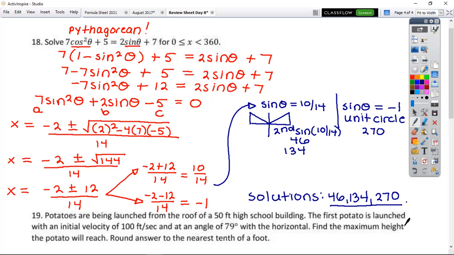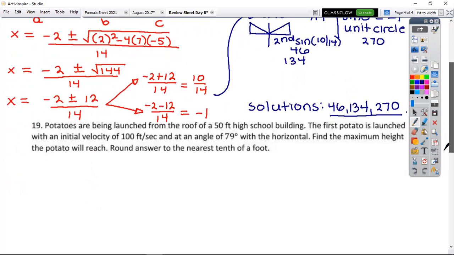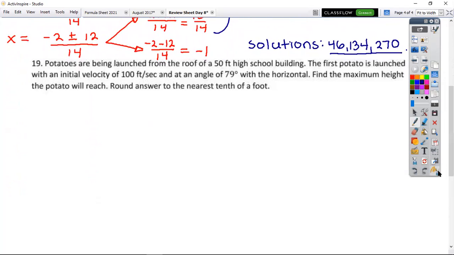Okay. So next you have your potatoes. Formula sheet in front of you for sure. So with the potatoes, they are being launched from the roof of a 50-foot high school building. So H is equal to 50. The first potato is launched with an initial velocity of 100 feet per second.